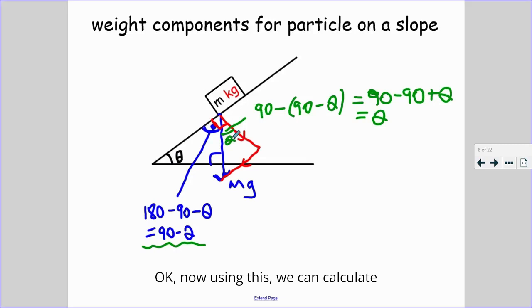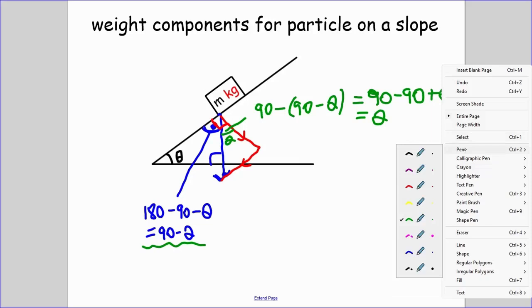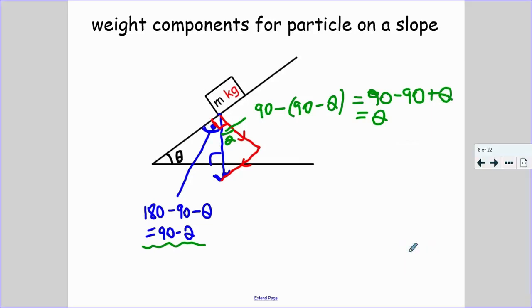Okay, now using this, we can calculate the two weight components, right? So let me just move this. This was mg, right? Now, we have two components. One is opposite, one is adjacent. So this is opposite the angle.